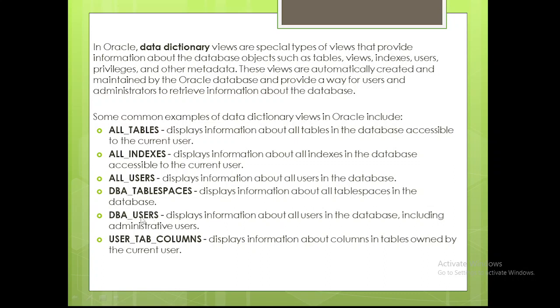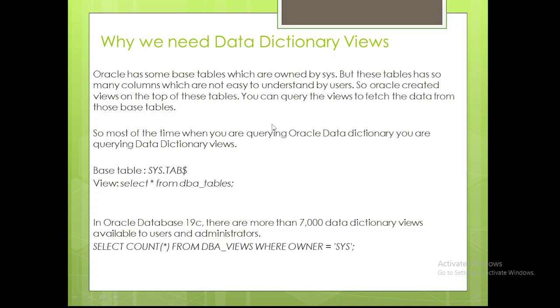DBA_USERS, the same way as ALL_USERS, is accessible to database administrators. USER_TAB_COLUMNS displays information about tables owned by the current user. If we have DBA_TAB_COLUMNS, then it will tell you about all the columns of all the tables.